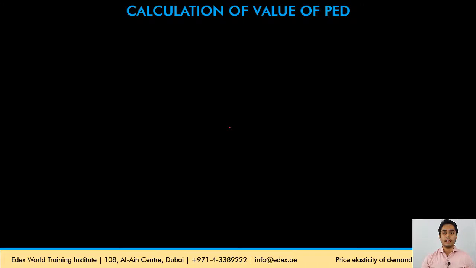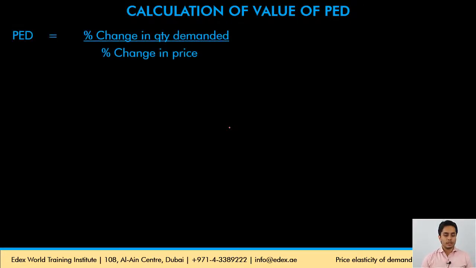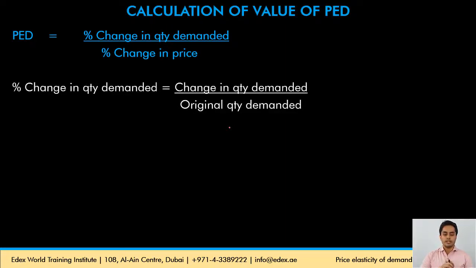First, let us understand the formula for calculation of the PED value. The formula for PED is percentage change in quantity demanded divided by the percentage change in price. And how do we get the percentage change in quantity demanded? The change in quantity demanded between two periods, divided by the old quantity demanded, the original quantity demanded, multiplied by 100.